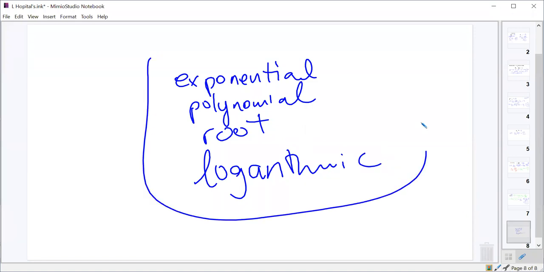So this is the order in which functions increase. Fastest at the top, slowest at the bottom. Well, almost the fastest at the top. Anybody know what the type of function that increases more quickly than an exponential function is? Even though we won't deal with it in this class. What if it's just like a straight line up? Nah, no, because you can't have a limit as x approaches infinity of that.